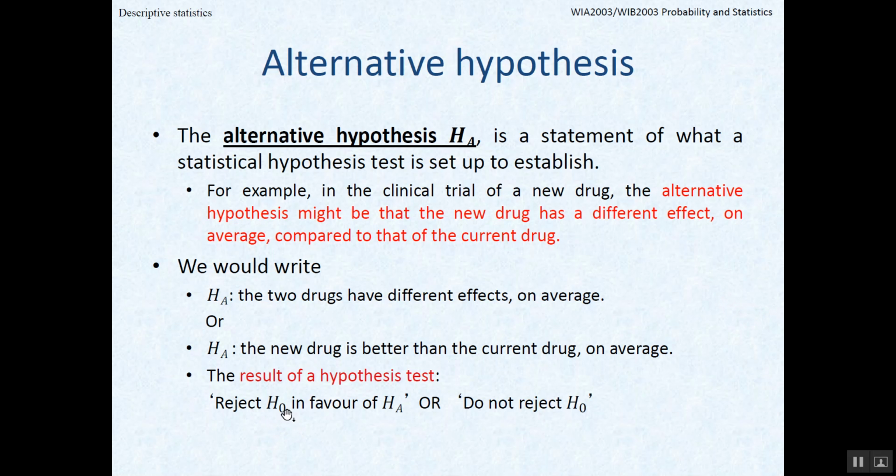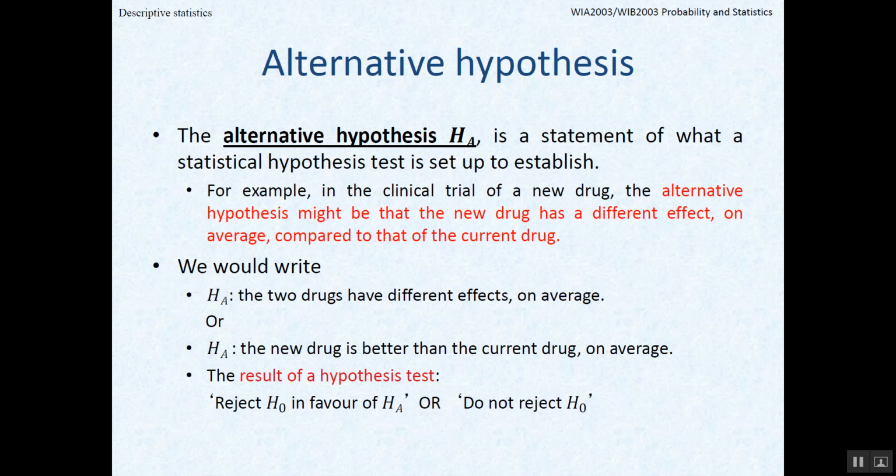Okay, so you reject the null hypothesis in favor of the alternative, or you do not reject. We do not accept or reject the alternative hypothesis. What we are testing is only the null hypothesis. So you say you reject the null hypothesis in favor of accepting the claim in the alternative, or you do not reject the null hypothesis.